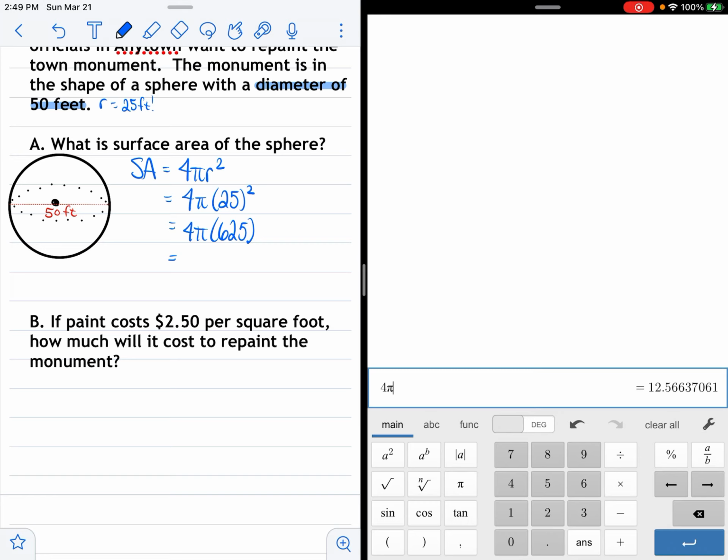So 4 pi times 625, and I get a number of 7,853.98 feet squared. That's the surface area. Now, read part B and solve that part of the problem, and then I will finish that problem on the other side.